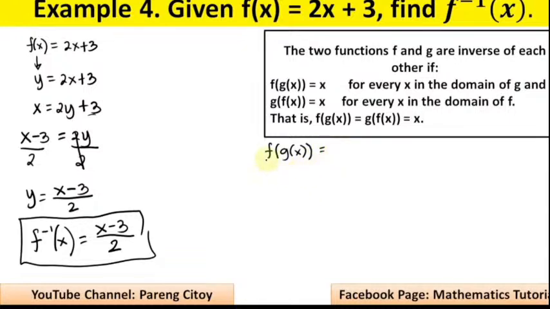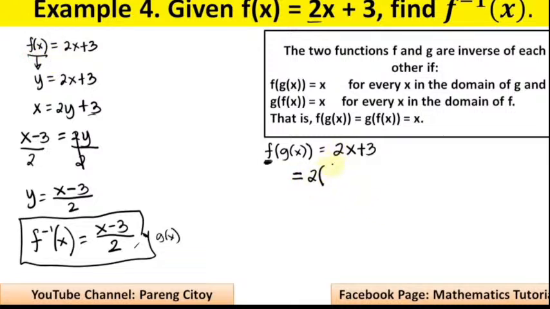okay, so what is the value of f of x? Ito yung given natin, given function, that is 2x plus 3. Then, ito yung composition natin last time. We need to replace the value of x by the result of the inverse. So ito na yung g of x, ito yung f of x.